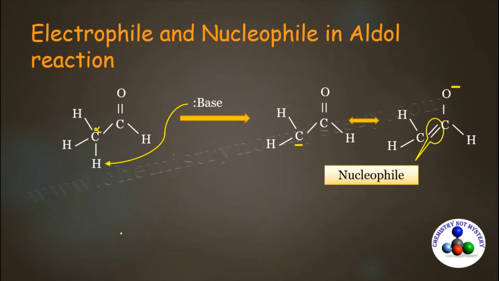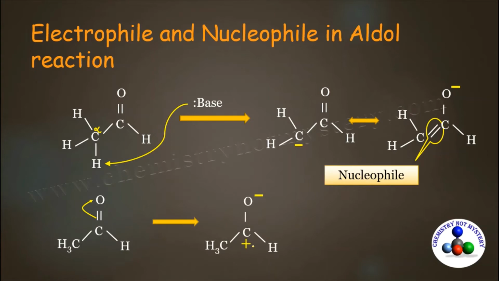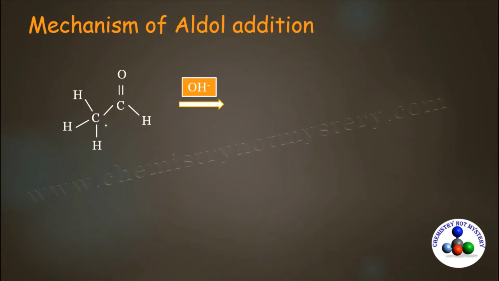And due to polarization in carbonyl group, another molecule of aldehyde acts as an electrophile. Here this positively charged carbon serves as an electrophile. Now come to the mechanism of aldol reaction. In the presence of base, it abstracts alpha hydrogen that is bonded to alpha carbon. After the abstraction of alpha hydrogen, enolate ion is formed.